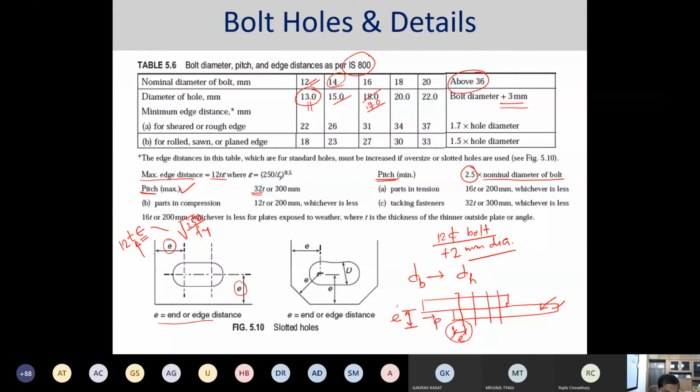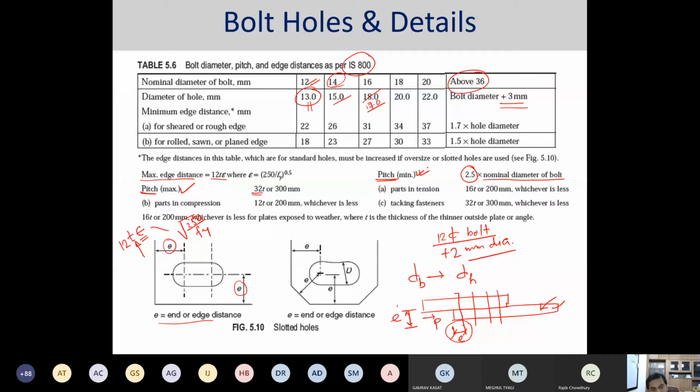So now the pitch. Thanks, Megul. When we talk about the pitch, we mean the distance between two sets of bolts.